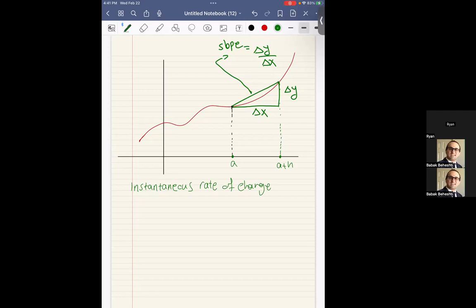The instantaneous rate of change is equal to the limit of f of a plus h minus f of a over h when h goes to 0. So this limit is the instantaneous rate of change of the function f at x equal to a.